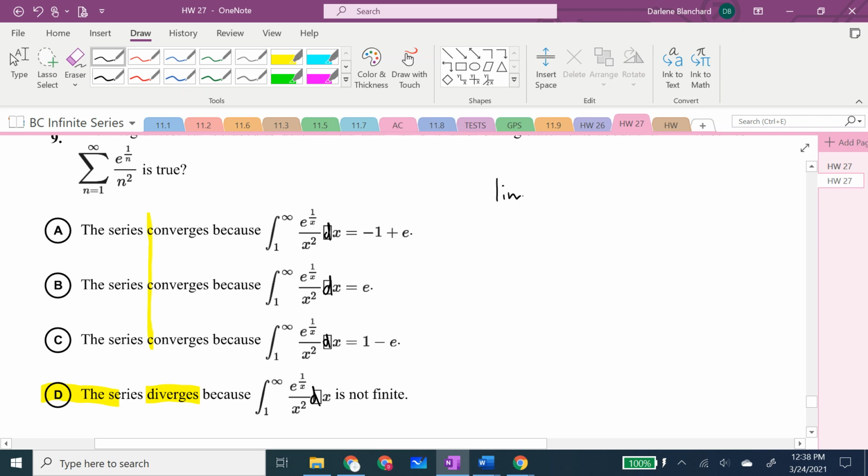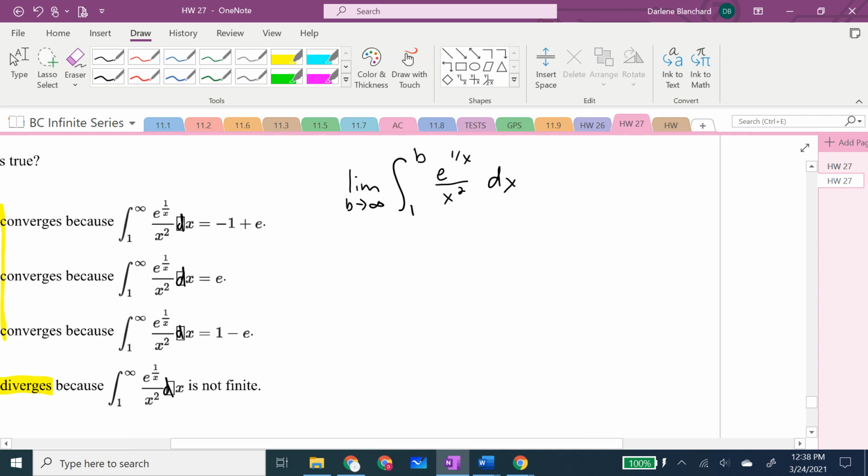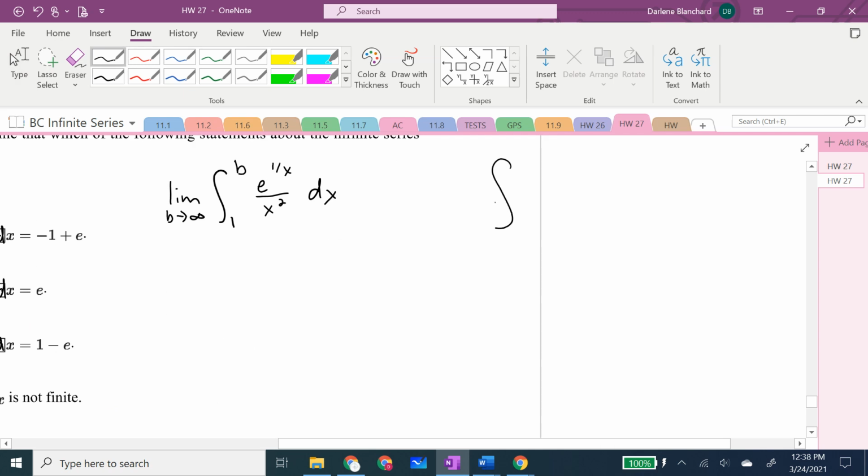What I'm going to do is first change it to a proper integral by changing the infinity to a b, and look at the limit as b approaches infinity. Then I'm going to separately take a look at an indefinite integral with the same function. I'm going to integrate using a u substitution for the exponent on the e. The derivative is negative x to the negative 2.